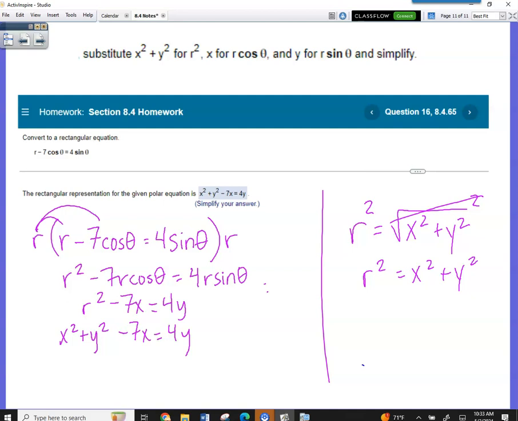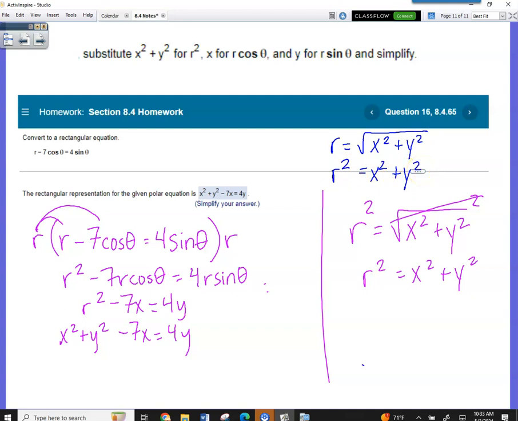Remember on our formula sheet we said r is this. You might want to write this on your formula sheet or on your notes. If I square both sides of this, then I get r squared equals this. That's like an extra formula you can use.